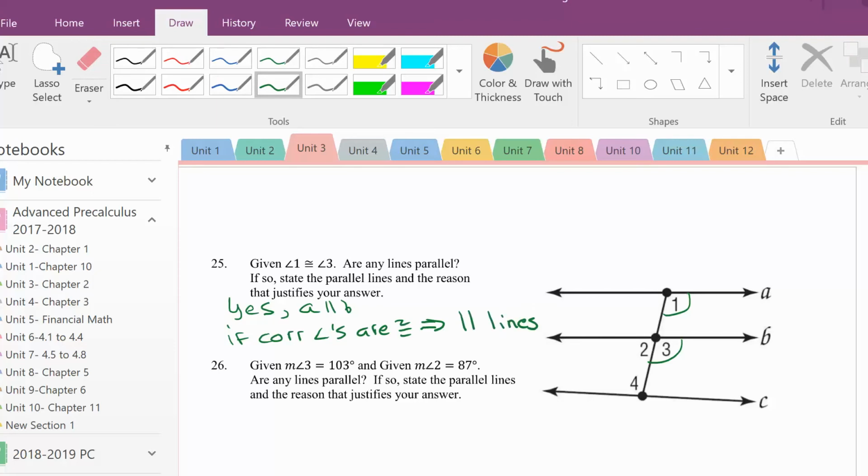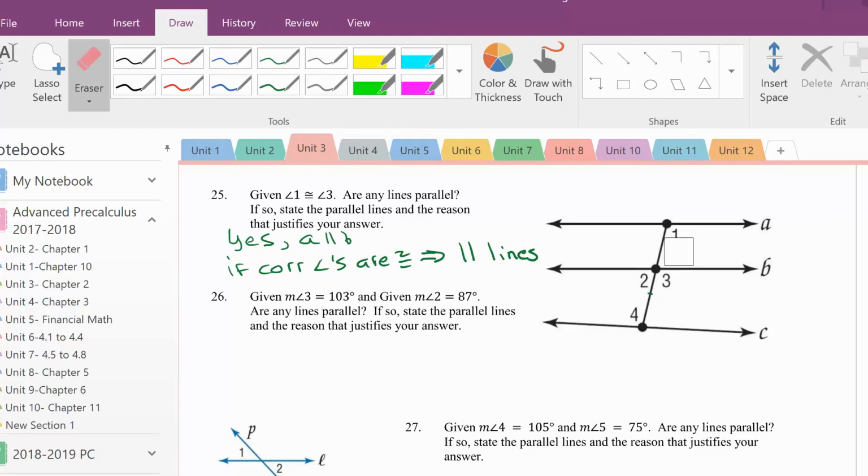All right, so the next one says if angle 3 is 103 and angle 2 is 87, are any lines parallel?